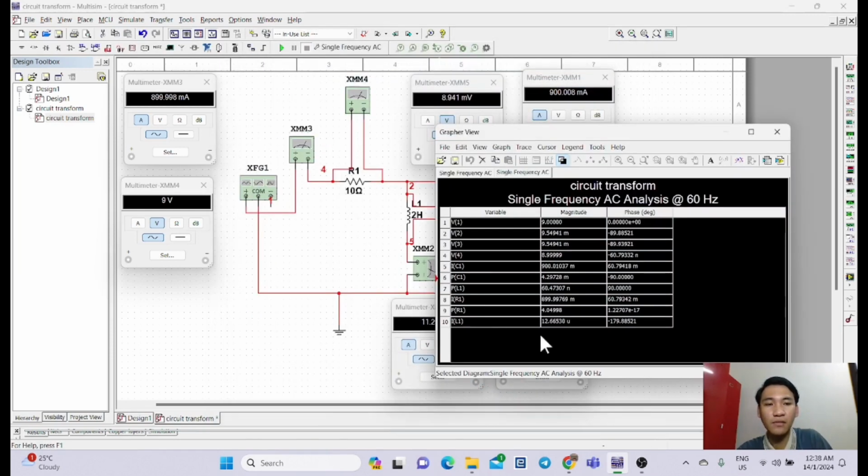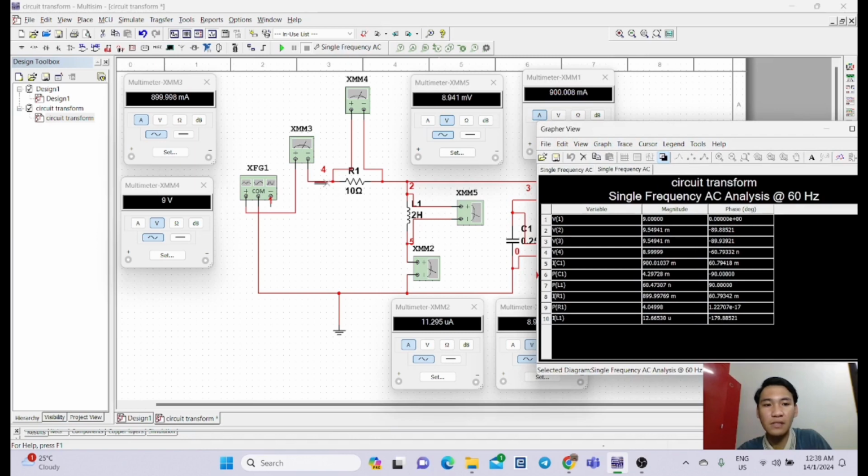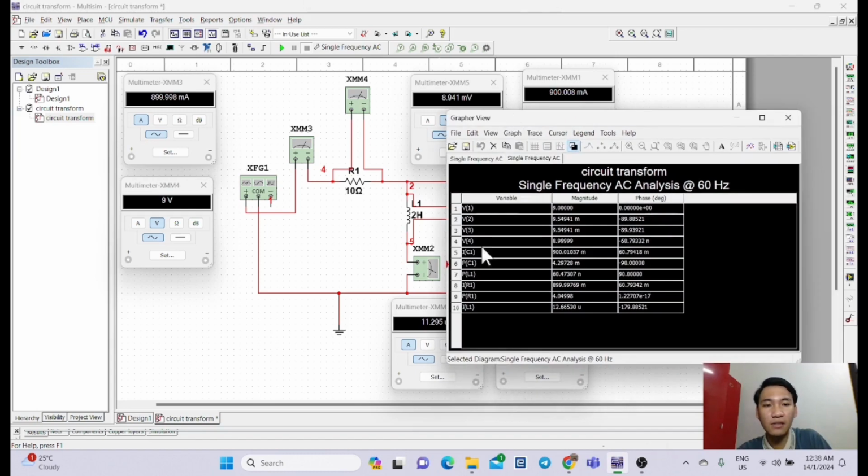Here, all the values we can see, which are V1, V2, V3 and V4. V4 is considered V1, the V input, V source. All these values we can put into our report and compare with our manual calculation. So that's all from me. Thank you.